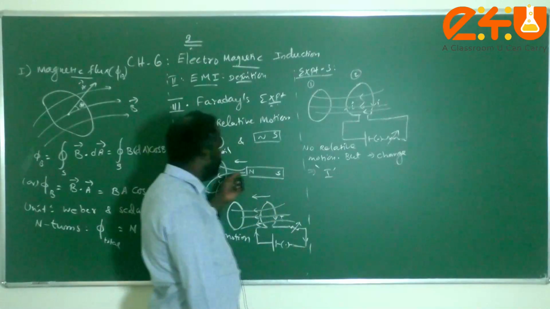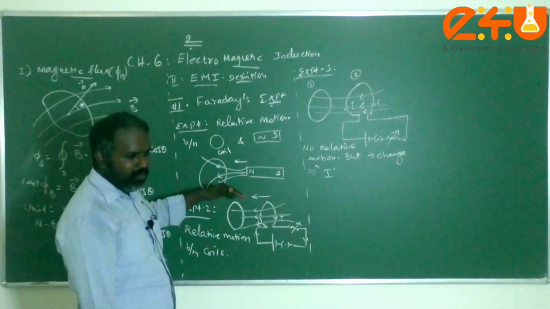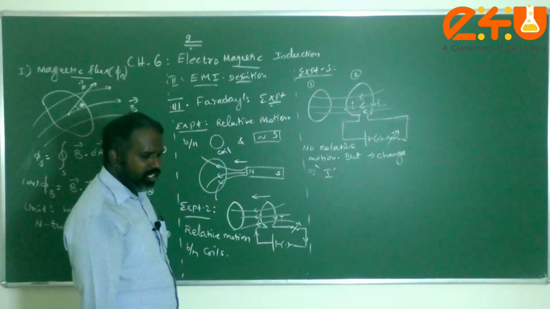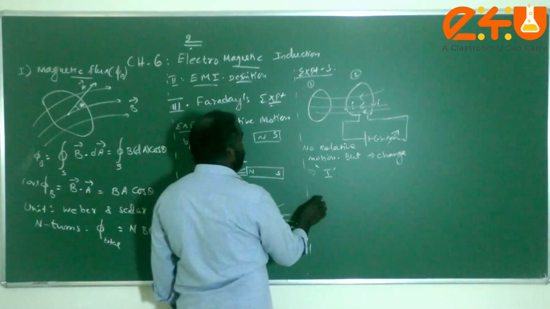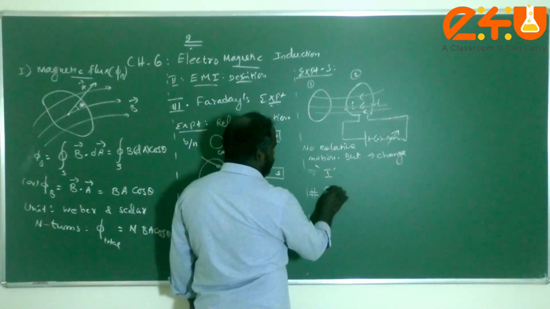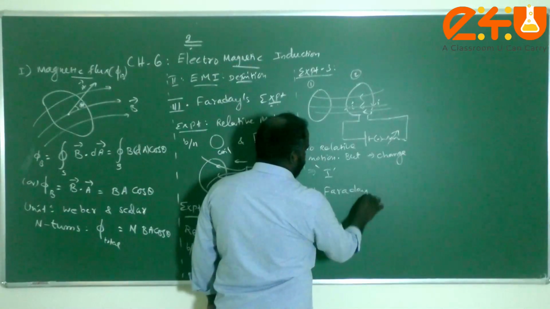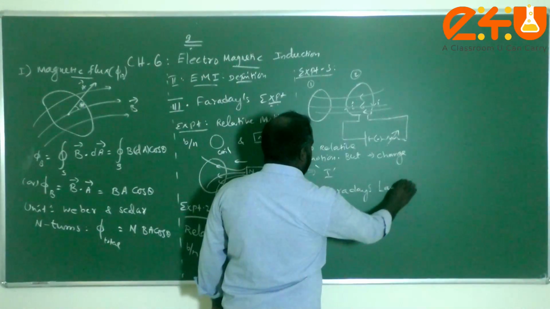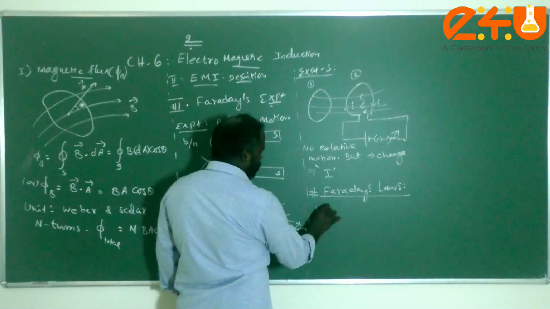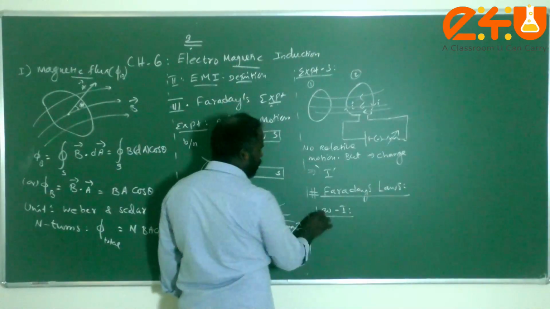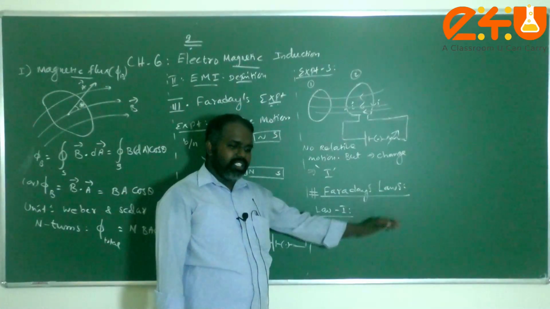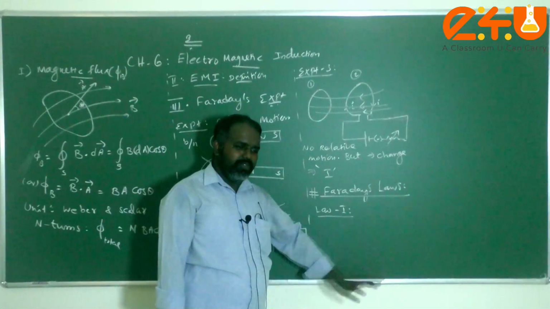Okay, so these are the three important experimental demonstrations to understand Faraday's laws of electromagnetic induction. Now we are going to state the very important one, that is Faraday's laws. What Faraday's law says, the statement 1, we can say that whenever there is a change in magnetic flux, there will be existence of induced EMF or current.